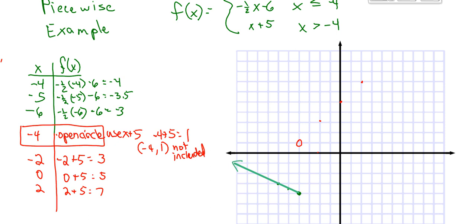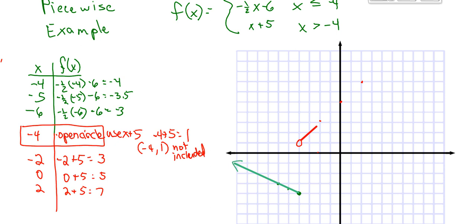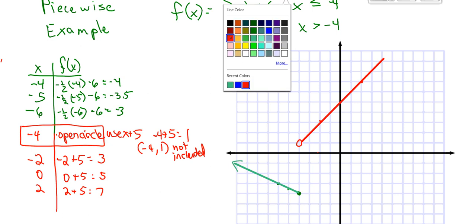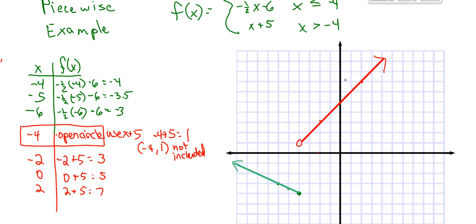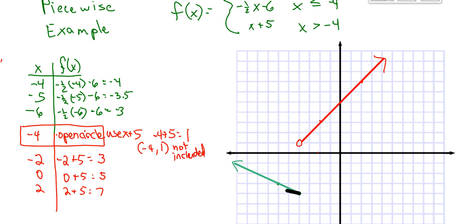I'm putting it in red now, but I'm going to draw over it in black, because I do want to think to myself that this is all the same function. So I'm going to go to black and a little thicker, and say, okay, the final result is that I would get this.